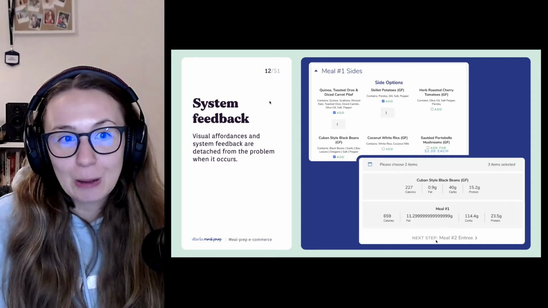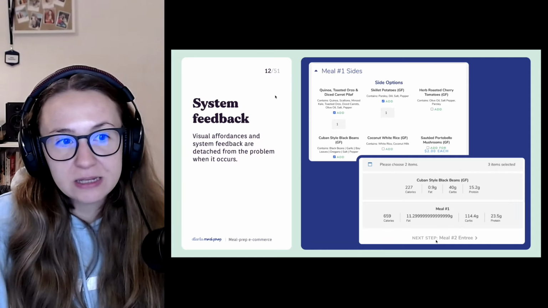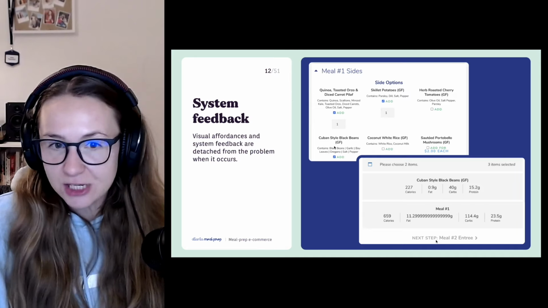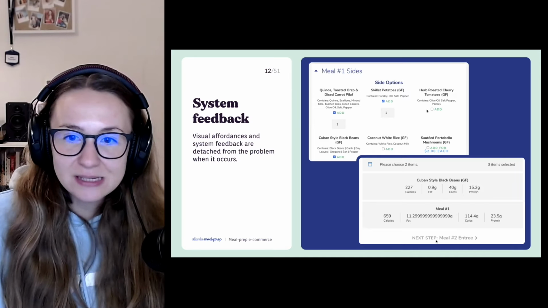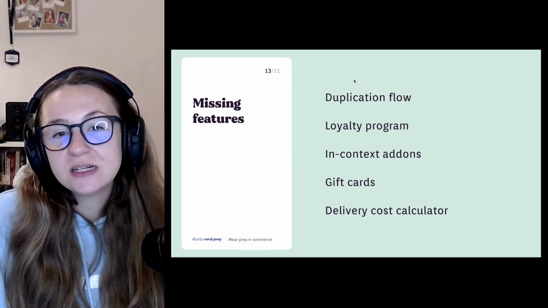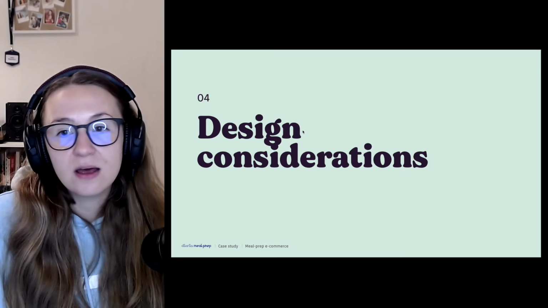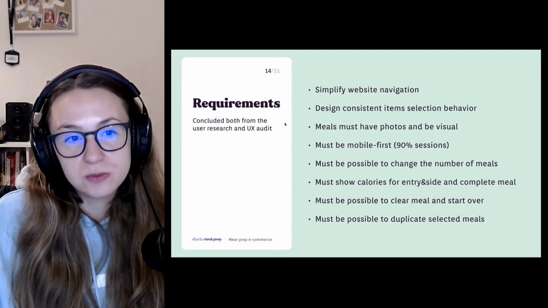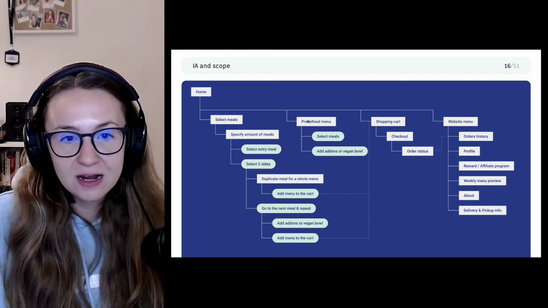With the system feedback, again, I was collecting different aspects of the experience, and another one would be this edge case where I would notice the system feedback is detached from the experience. I'm not going to go into all the details and some of the features that were requested as well. Then, as I went through the problems, I also wanted to mention some considerations or requirements for the design.